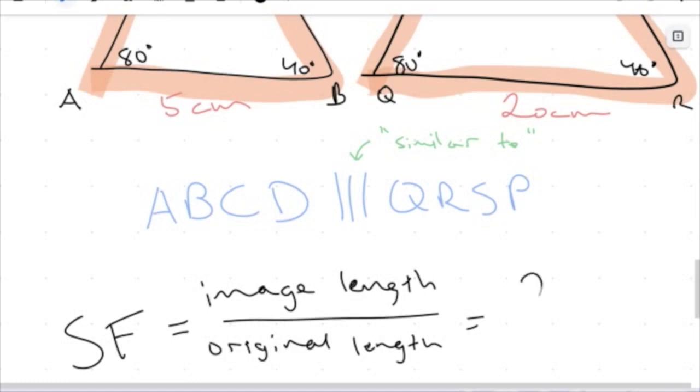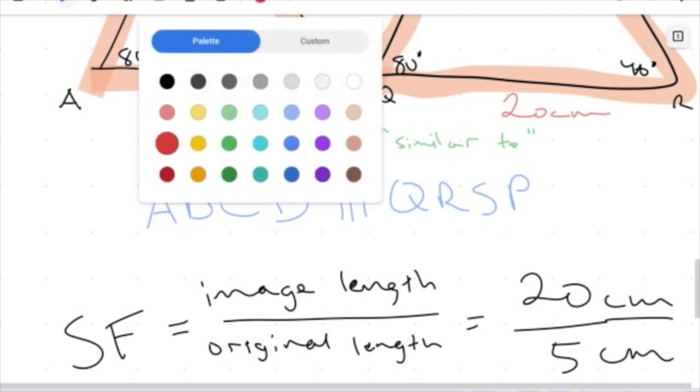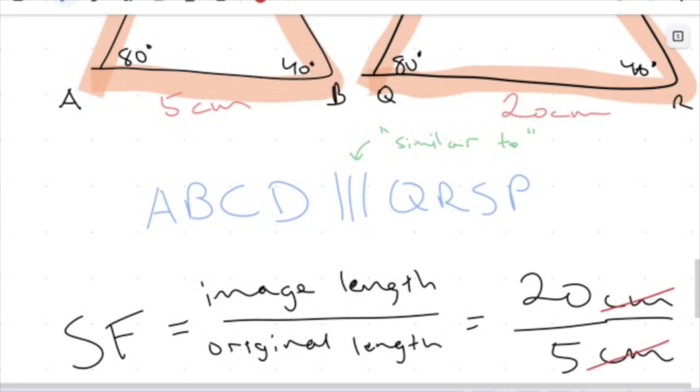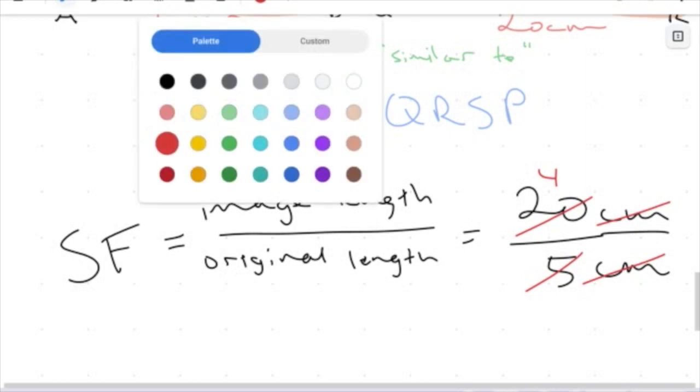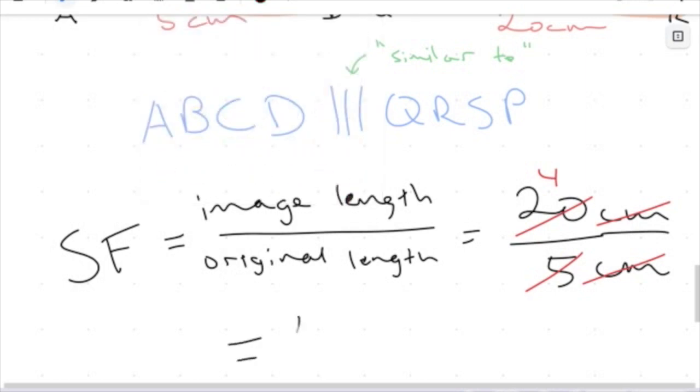So that gives me 20 over 5, or 20 centimeters over 5 centimeters. And remember, the units are going to cancel out because we're just looking at a scale factor, not a measurement of any sort. And 5 goes into 20 4 times. So that means our scale factor is going to be 4 here.